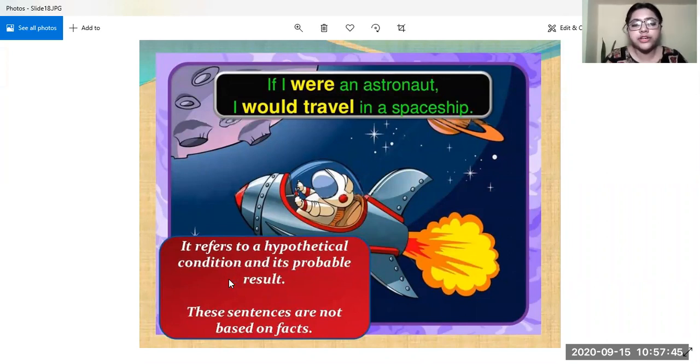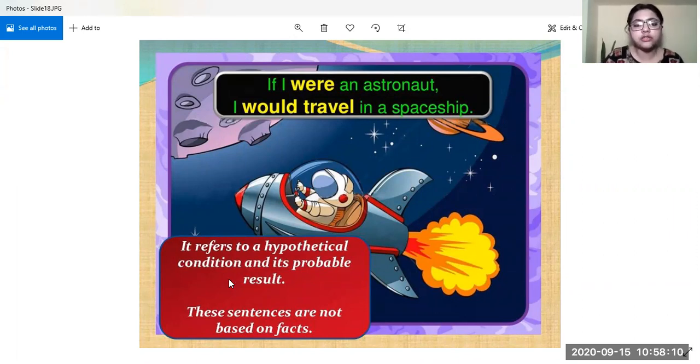What is it referring to? It refers to a hypothetical condition and its probable result. Hypothetical means something which is assumed, which is very unlikely to happen, a kind of idealistic thing. The possibility of it happening is very, very small.